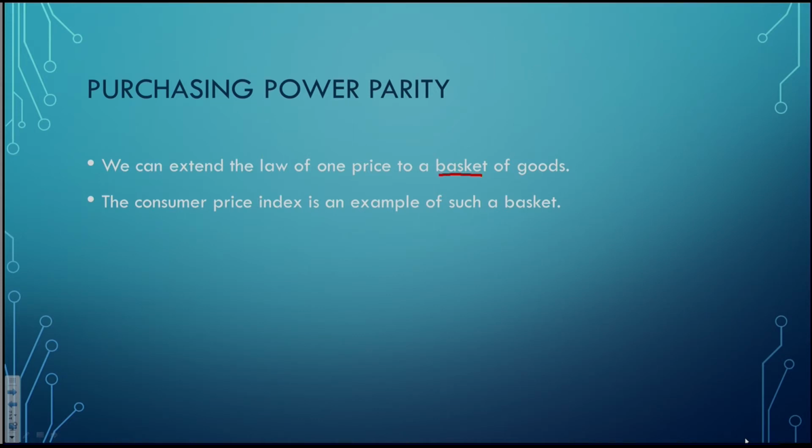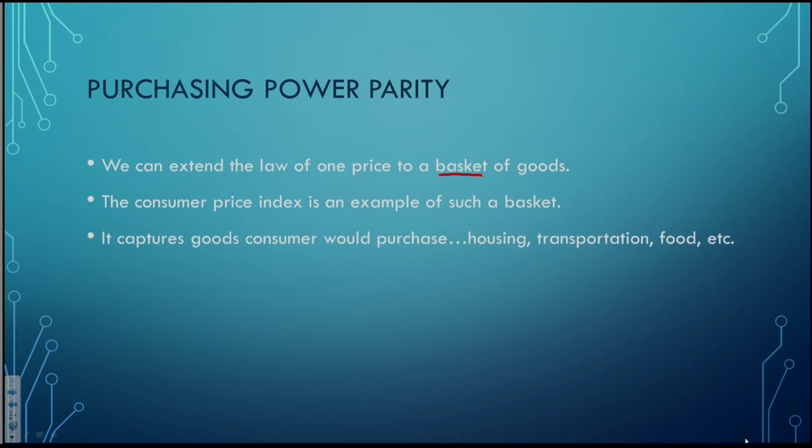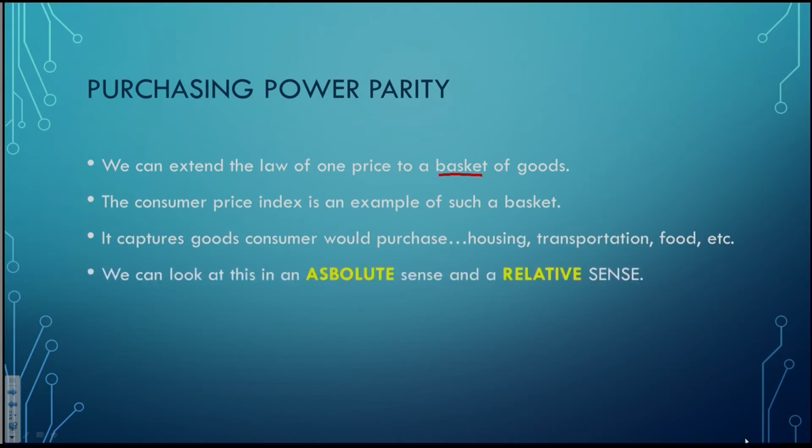And I know that you remember this from your macro class. Remember, the Consumer Price Index captures goods that consumers would purchase, things like housing, transportation, food. Now, we can look at this in both an absolute sense and in a relative sense. So let's move on to that.